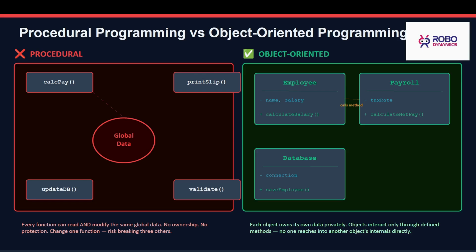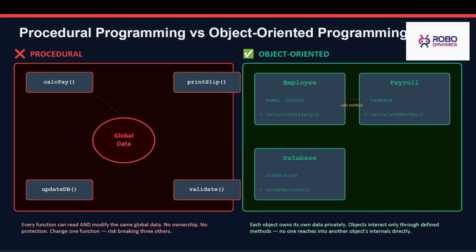Imagine that you have a balance, and other than withdraw you have other functions updating the balance. That's a nightmare. There's absolutely no ownership. The change should be done only by one function, and there is a lot of risk because there are several other functions lying around. They can get access to that data and update it.